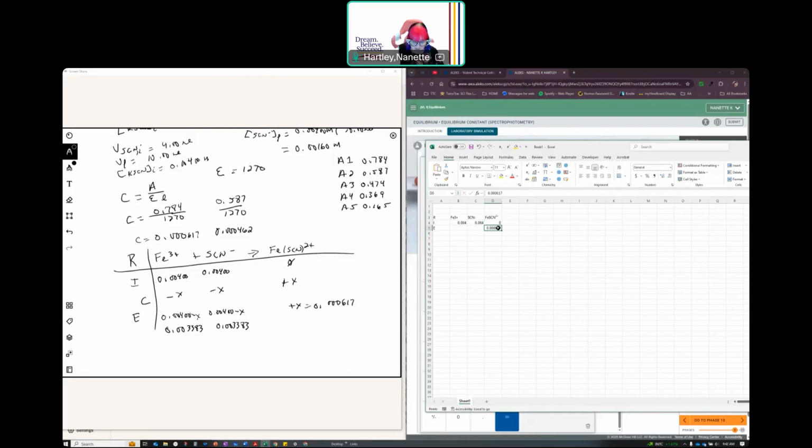And actually, I can set this up so I can put that molar absorptivity there. And this is the absorption.